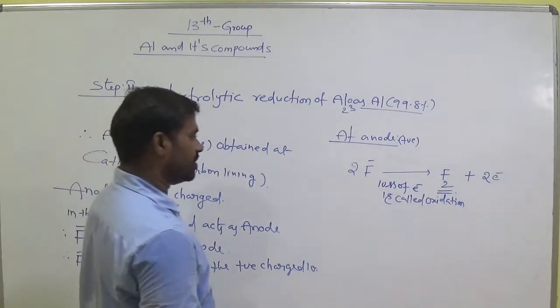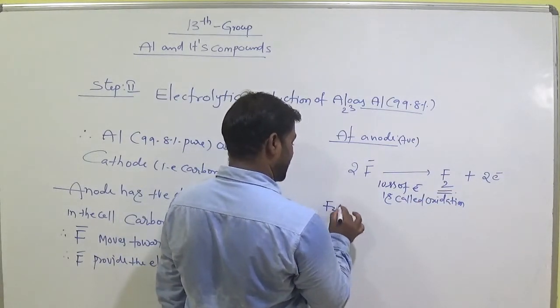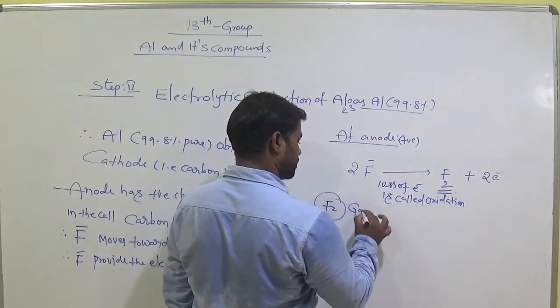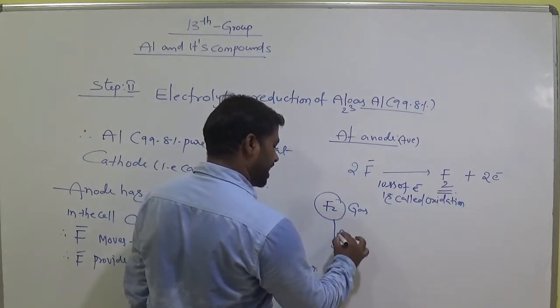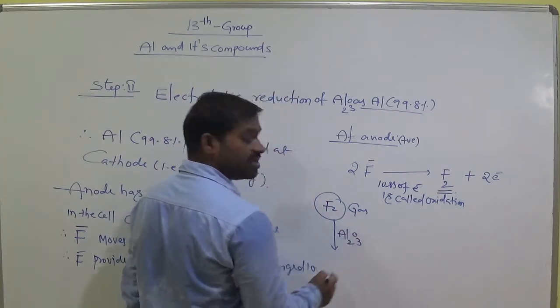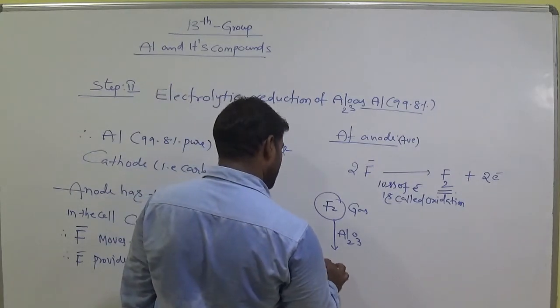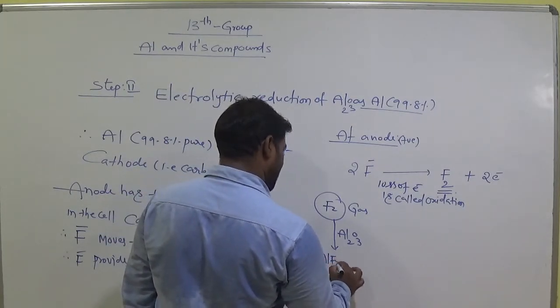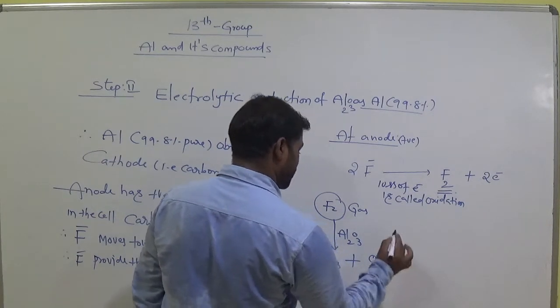Okay. And now this fluorine gas interacts again with Al2O3 in the cell. It produces AlF3 and O2 gas.